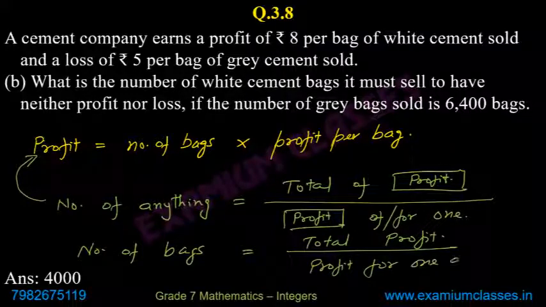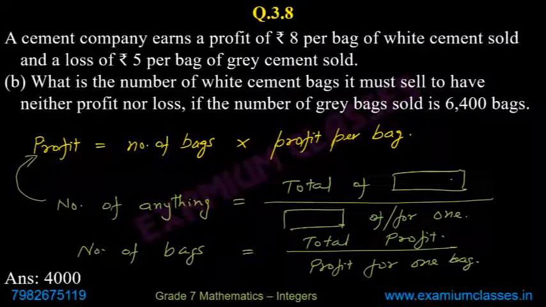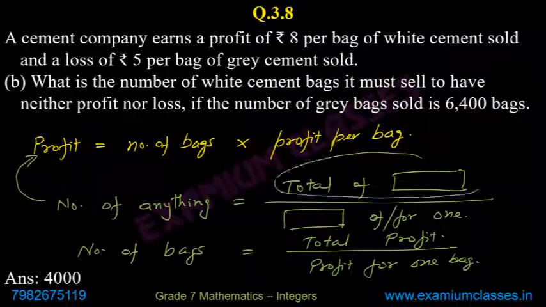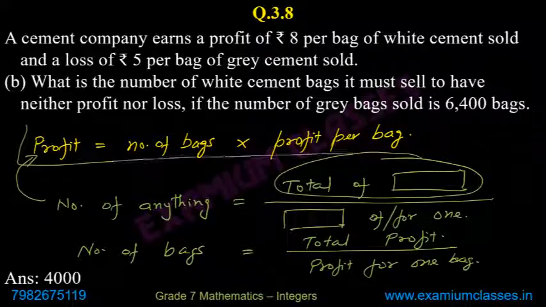One what? One bag in this case. So you can apply the same formula again and again. Number of anything is total of something divided by that something of or for one. Here we have to calculate total profit. So we have to calculate this part. That's why I have written it in this fashion.